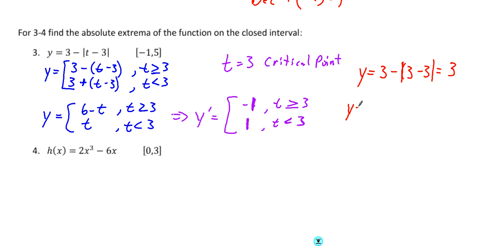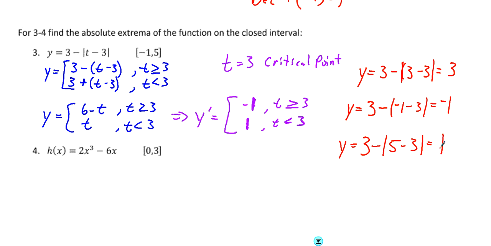And same thing, plugging in -1, we get 3 minus the absolute value of -1 minus 3. So that's -4, +4, 3 minus 4, which is -1. And then the last one, we plug in 5, so we get 5 minus 3. So 5 minus 3 is 2, and 3 minus 2 is 1.